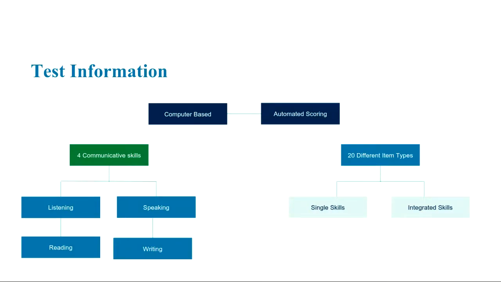It is the whole construct. Some of those items assess single skills, and some have skills put together to make them more authentic. So you might have to listen to something and then write something down, and both of those skills can be assessed. The authenticity and construct representation are the 2 major key variables, I think, in how we can improve our assessment practices.